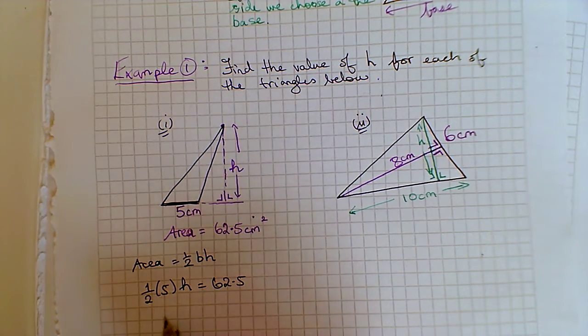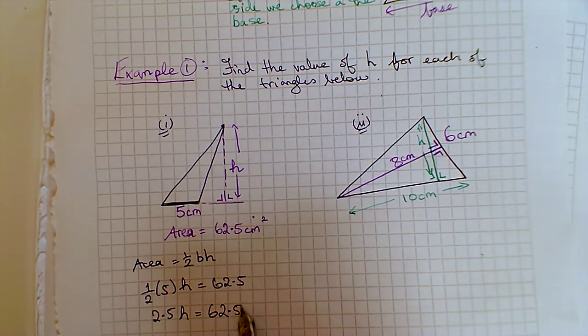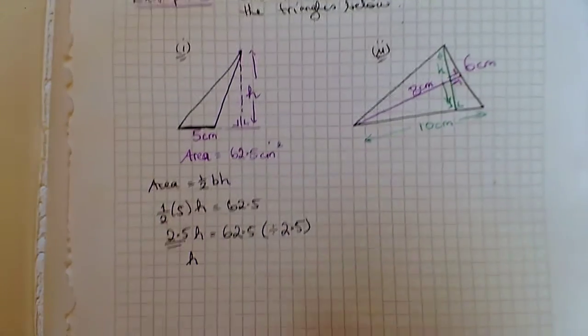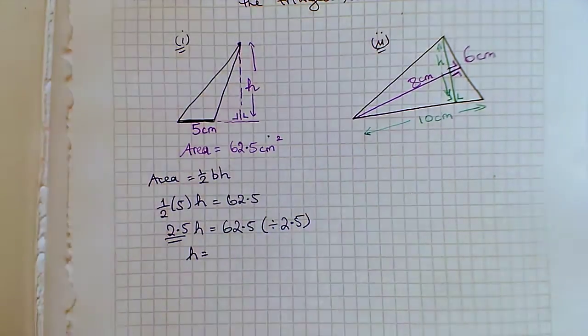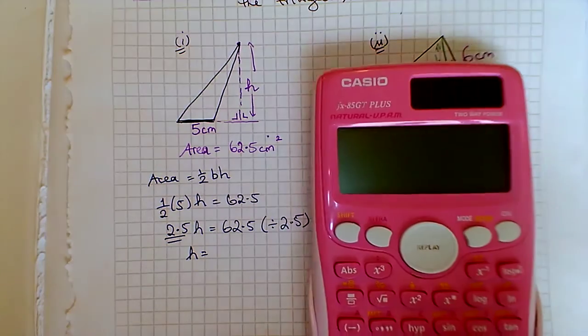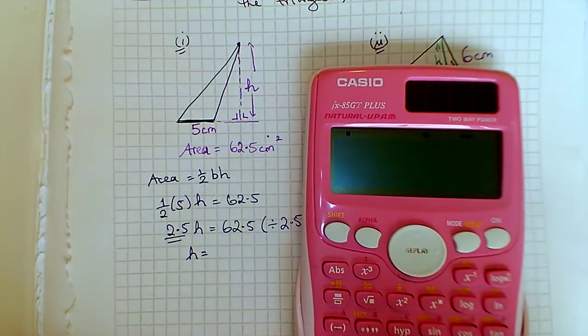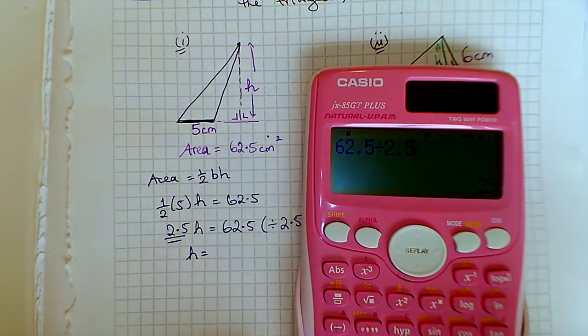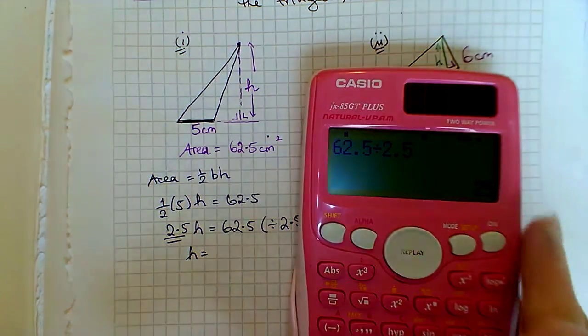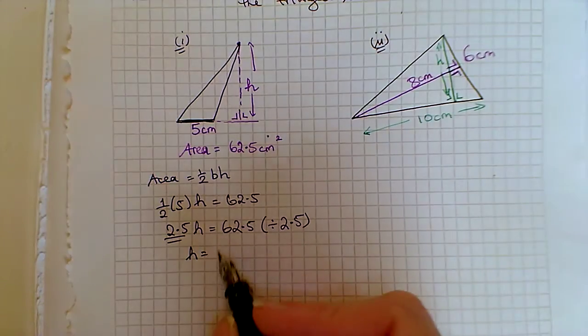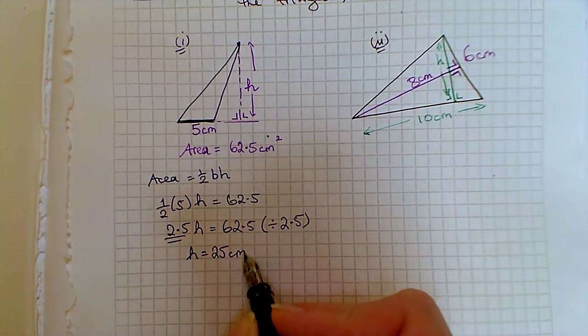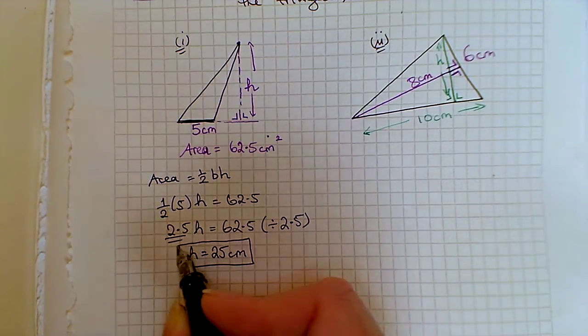We just do that multiplication. 2.5h is equal to 62.5, and then I can divide across by the number in front of h. Sorry, it went off the screen there. And h is equal to 62.5 divided by 2.5, and that gives me 25 centimeters. So the question specified the units, and we must put them in our answer.